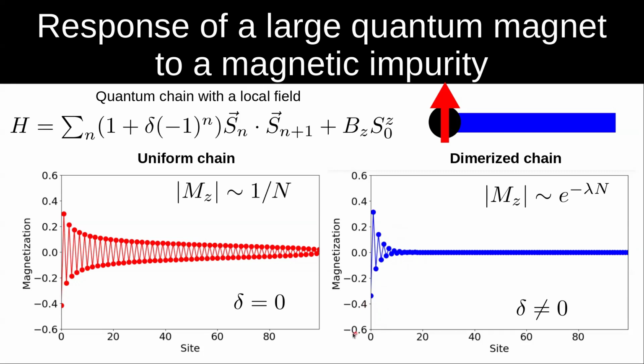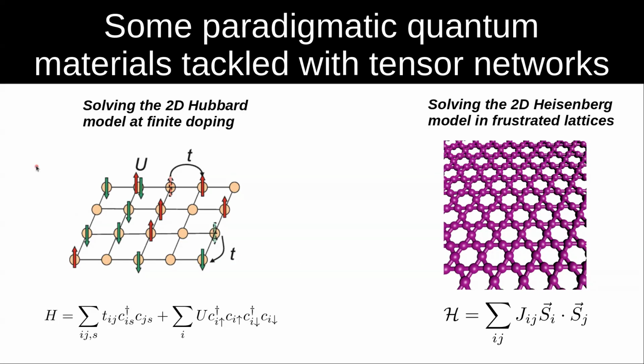And let me emphasize that these types of calculations deal with systems that have nearly 100 spins, which is way, way bigger than what you could actually do with exact diagonalization. Today, we are going to mainly focus on one-dimensional quantum many-body models, but it's important to note that matrix product states are actually one of the most powerful methods that we currently have to solve generic quantum many-body models, including in 2 dimensions.